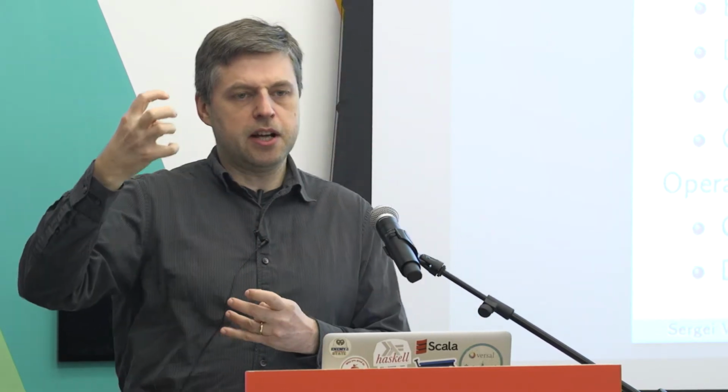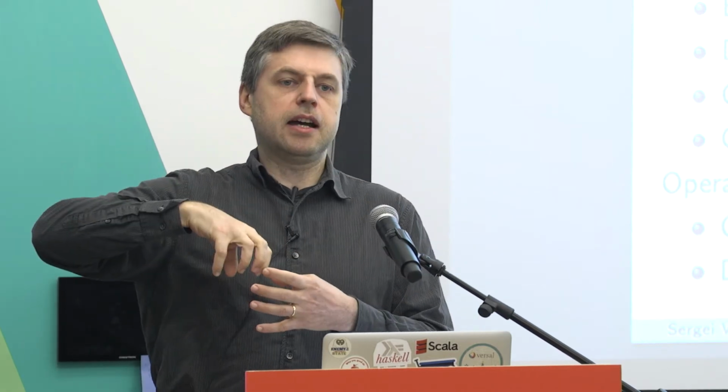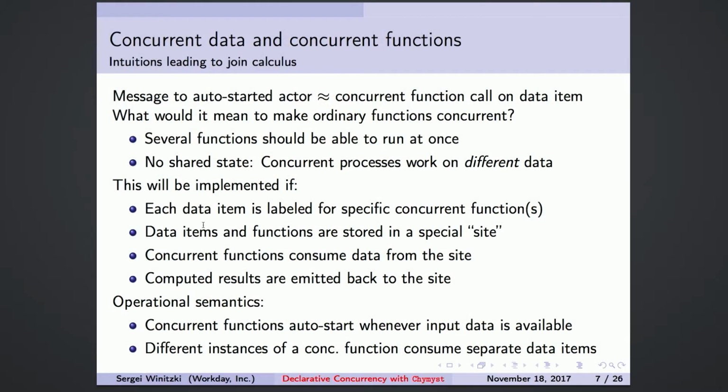And then the computed results can be emitted back to that site as, again, new labeled data items. So the operational semantics of this is that concurrent functions are waiting and automatically starting to run whenever their data items are available at the site. And as I said, the different instances of concurrent execution will consume different separate data items.